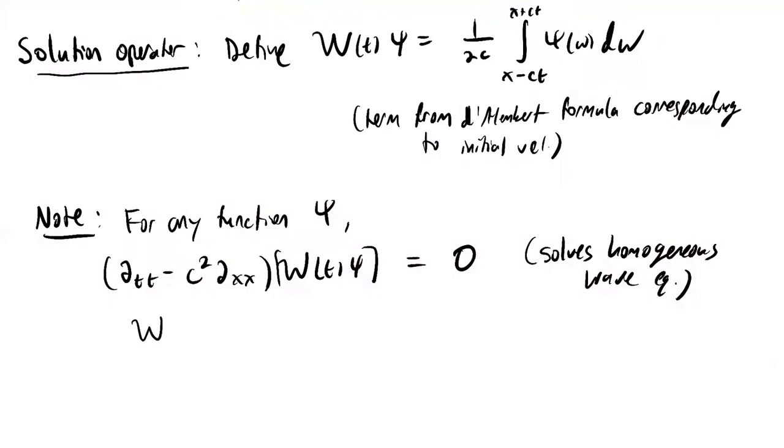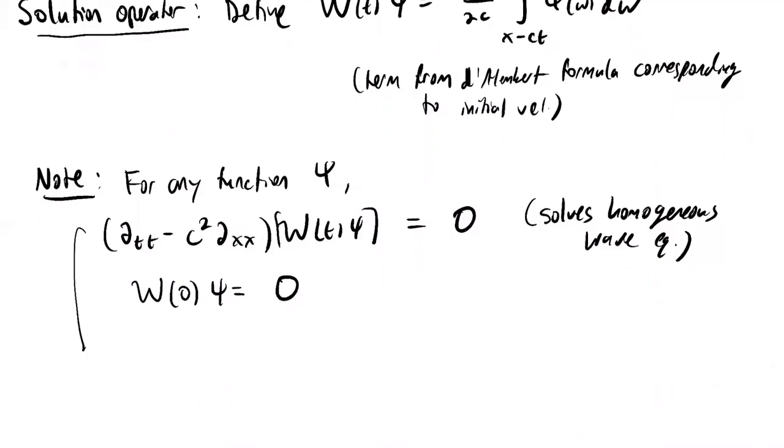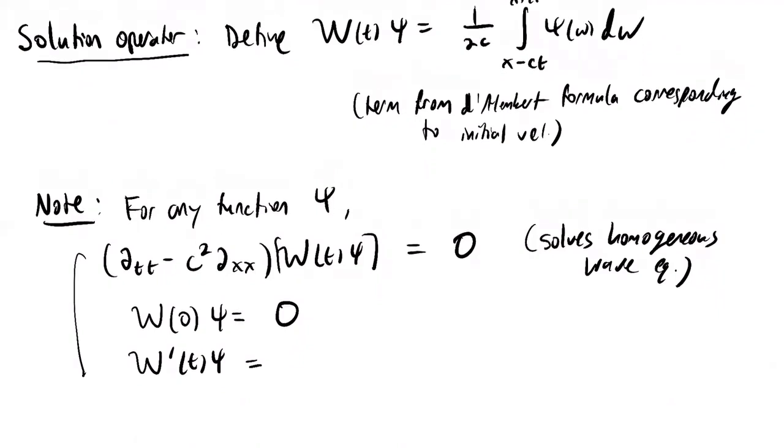Moreover, if I set t equals 0, this is just going to spit out 0, because I'm integrating from x to x. If you just integrate on one point, you get 0. And finally, if I differentiate this with respect to t, the derivative with respect to t of the integral is equal to just psi of x.